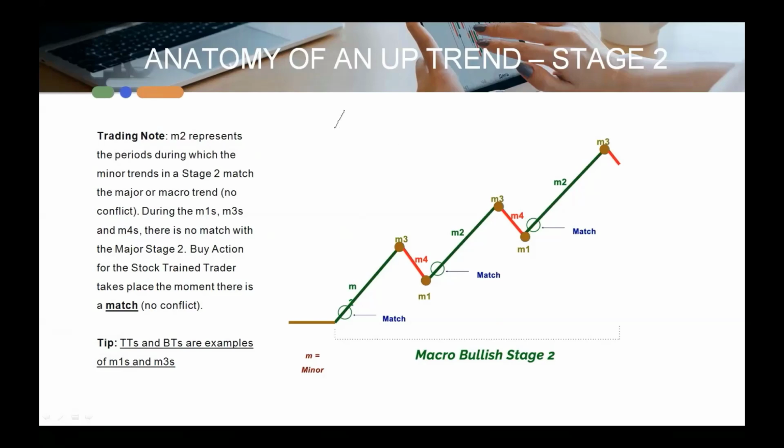Just as a quick rehash from yesterday, we started with the monthly as the high time frame, and then we analyzed whether that is going to be in an uptrend stage 2, downtrend stage 4, or stage 1 or 3, which is sideways. Furthermore, we talked about that same concept on the weekly time frame and also on the daily time frame.